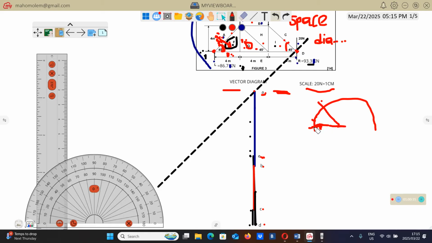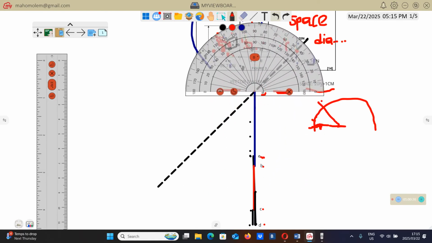So this time this angle 45 will be measured from the right hand side of this dot here. That's why we're going to put a protractor here, and then 0, we measure the angle from this side to that side there.